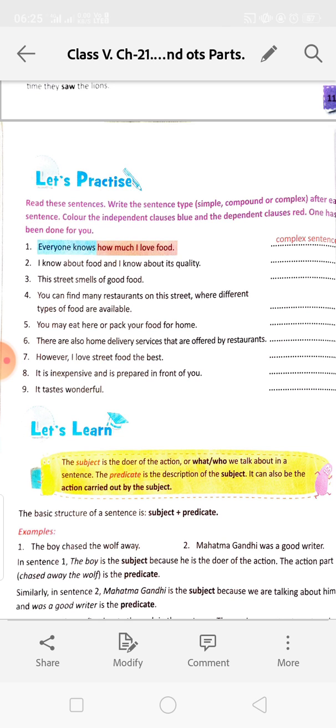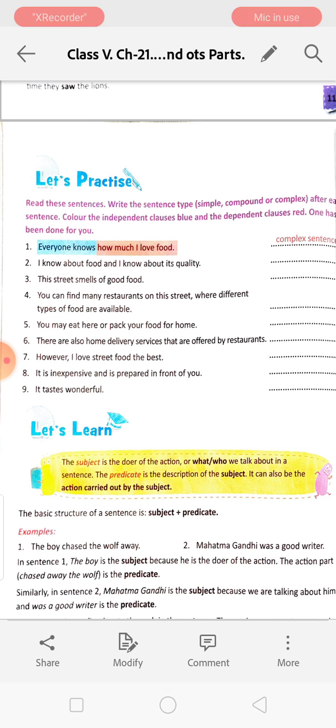You may eat here or pack your food for home. This is a compound sentence. Two sentences are joined with conjunctions. Number 6: there are also home delivery services that are offered by restaurants.